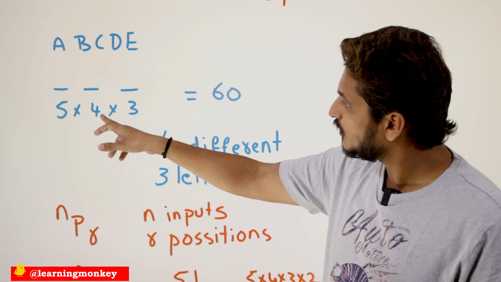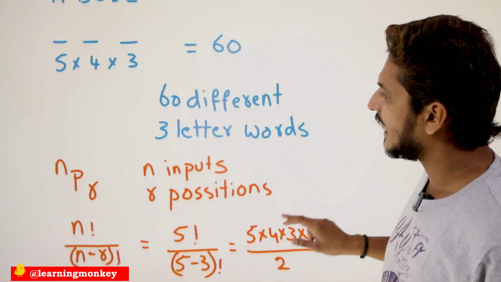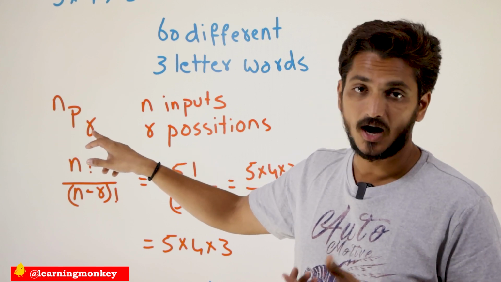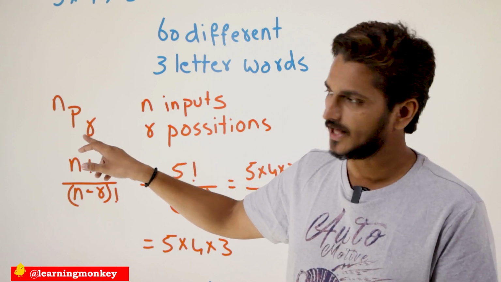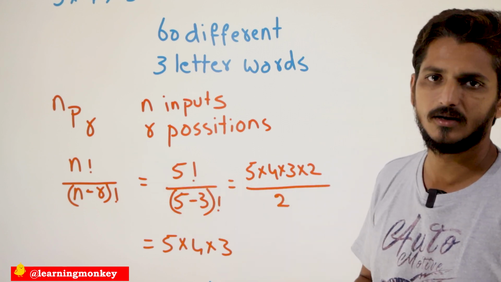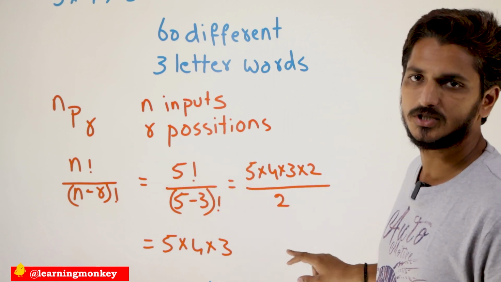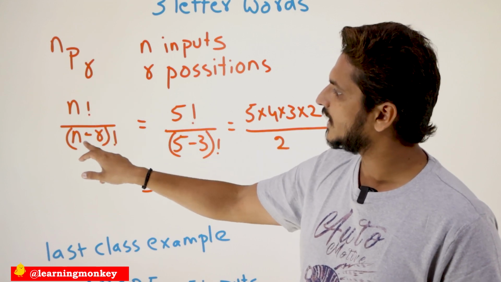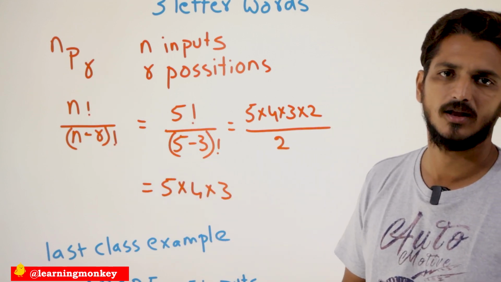How did we get this? Suppose you are having n different alphabets, and you are taking r positions, the formula is given like this: nPr. n inputs, r positions. What is meant by nPr? nPr is given like this: n factorial by (n minus r) factorial.